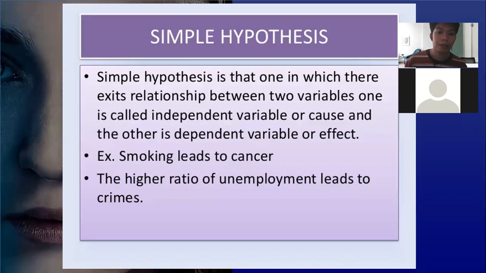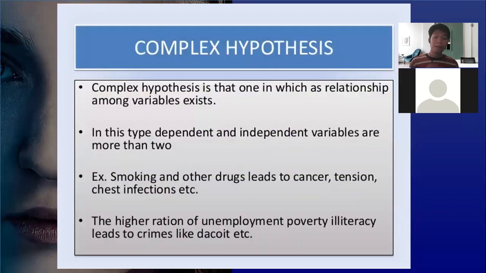That's simple hypothesis. Ito namang complex hypothesis is the one in which a relationship among variables exists. Meaning there are more than one yung independent and dependent variables. Example, smoking and other drugs leads to cancer, tension, stress, infections, etc. So if you're going to analyze this example, there are more than one dependent and independent variables.